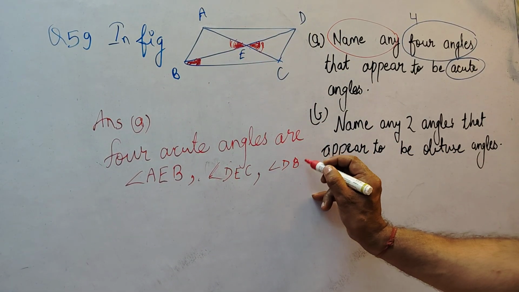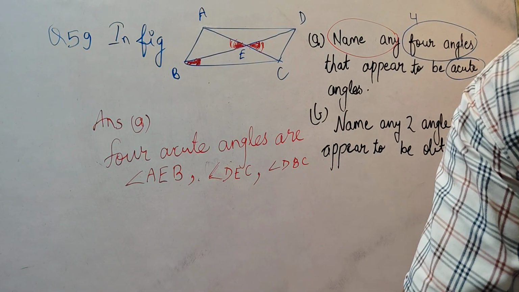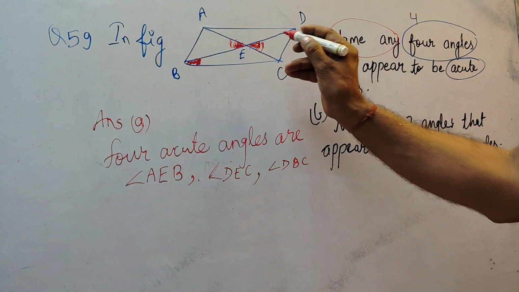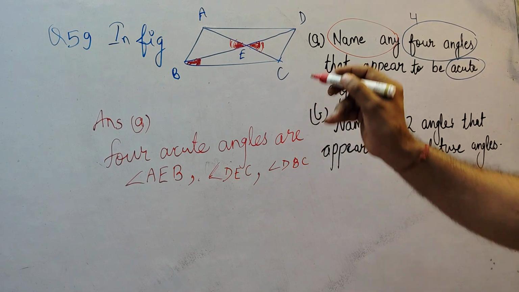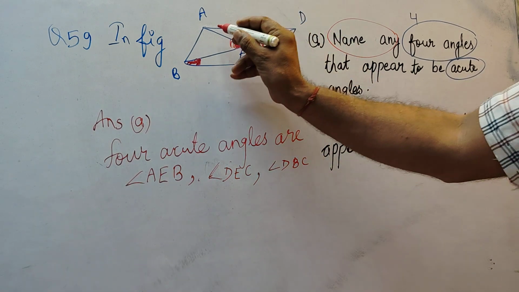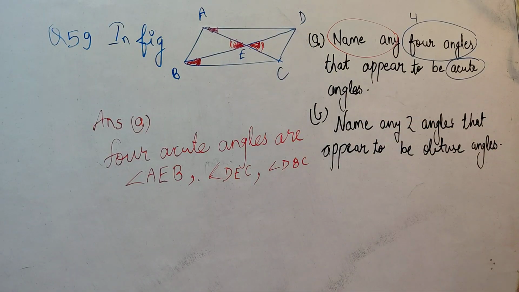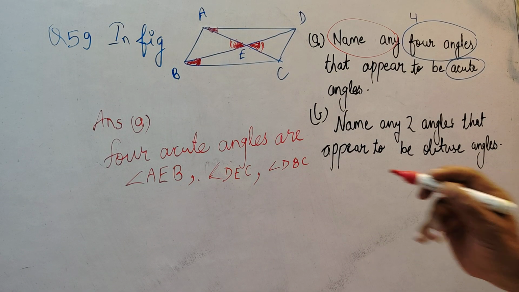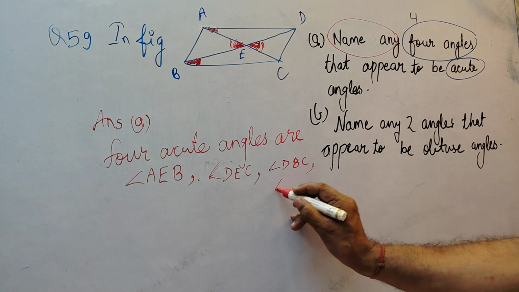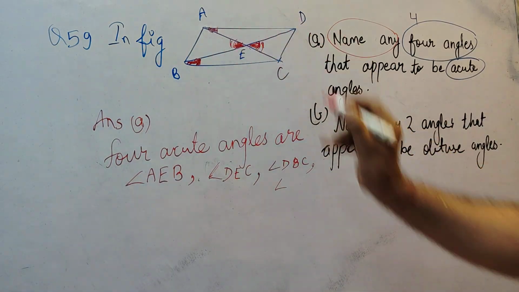Is it clear? Angle DBC. And the fourth one, we can see in the diagram: angle CAD.